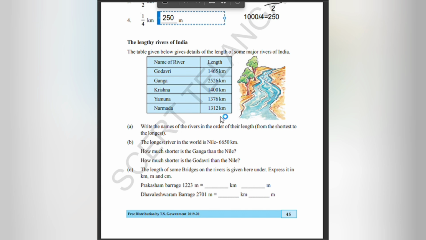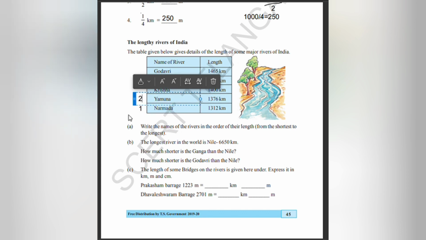Write the names of the rivers in the order of their length from the shortest to the longest. Which one is it? We can number it first. Shortest is 1, so this is 1. This one 2. Here 3. Then this one 4.